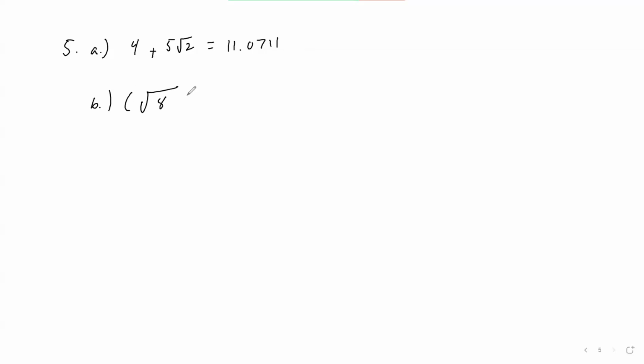Square root of 8. I don't know why it's so big. Minus 1 times square root of 8 plus 1. Correct. If it's in parentheses, type it like you see it.